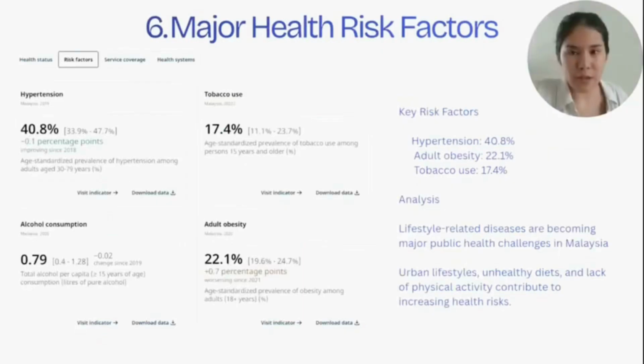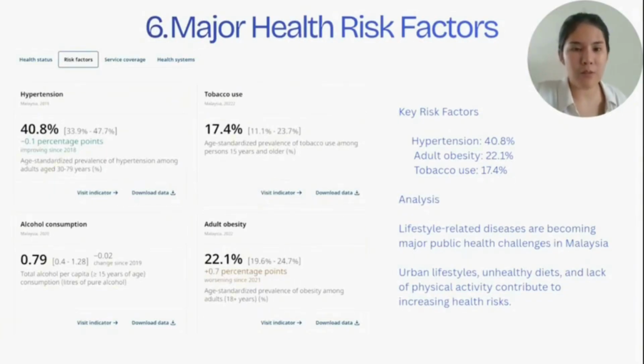Okay, let's look at number 6 about health risk factors. We compare these two diagrams. The key risk factors are hypertension, which accounts for 14.8%, adult obesity, which accounts for 22.1%, and tobacco use, which accounts for 70.4%.